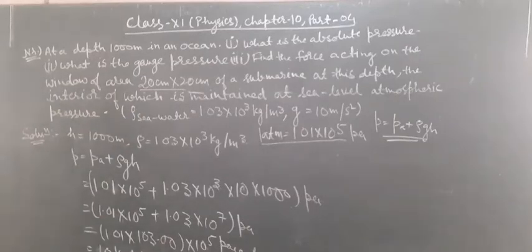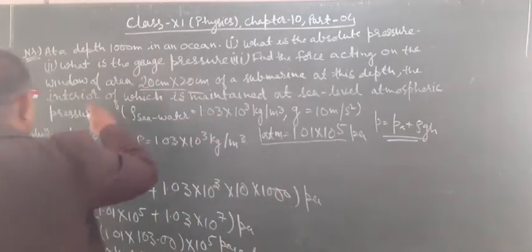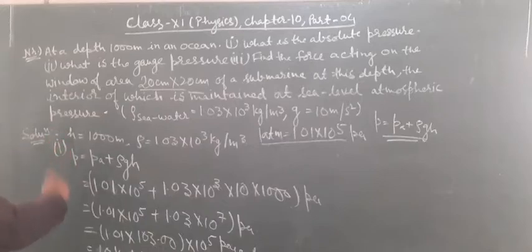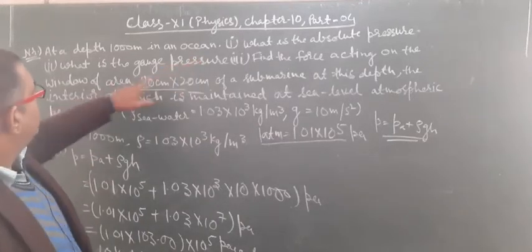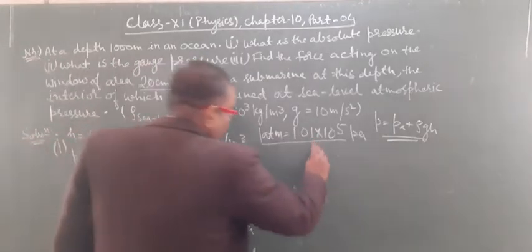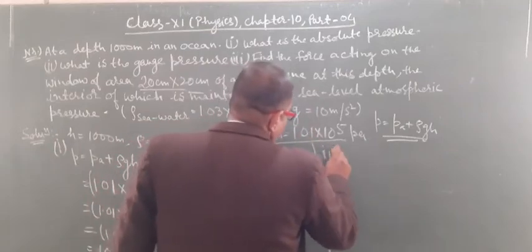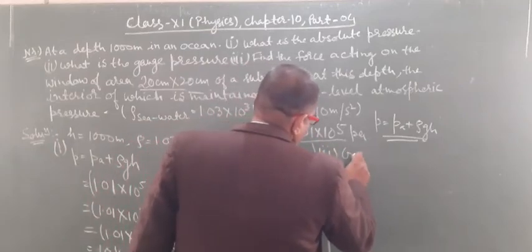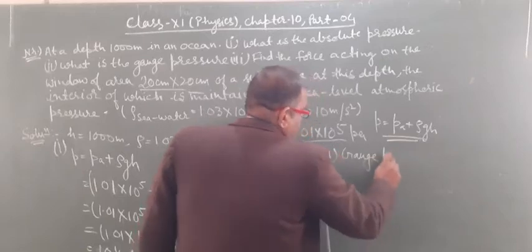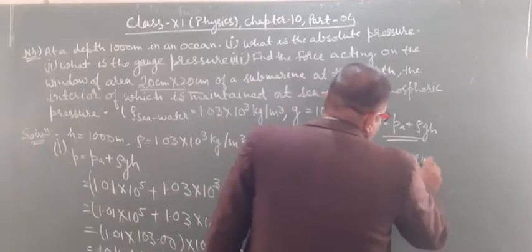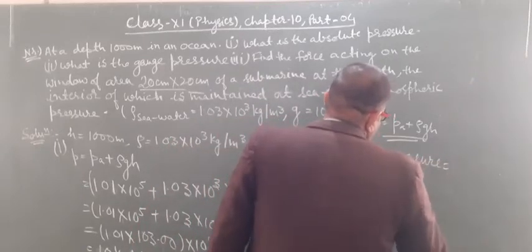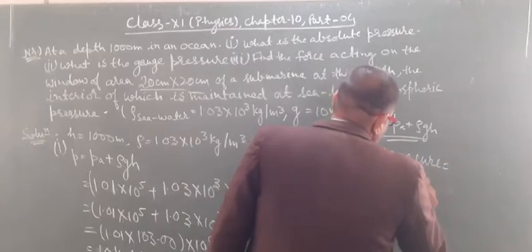Now we have to calculate the gauge pressure. This is the solution for the first part. The second thing is to find the value of gauge pressure. This gauge pressure can be written as P minus Pa.